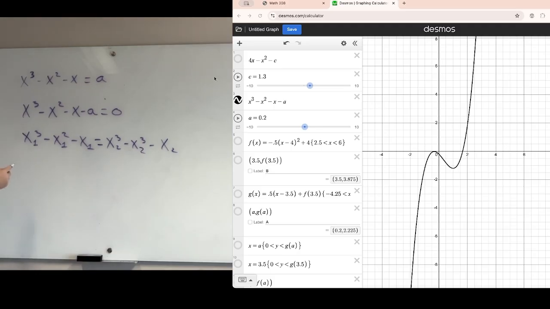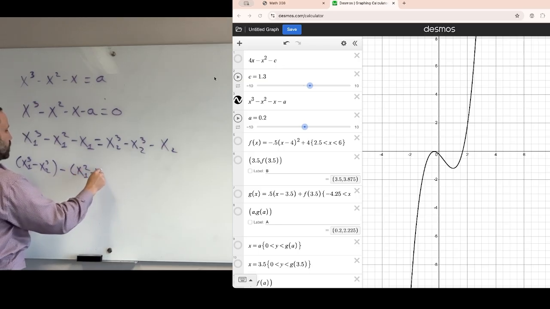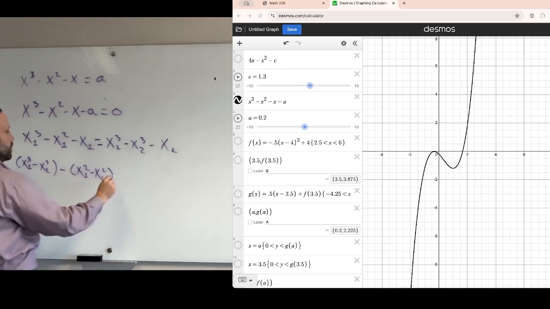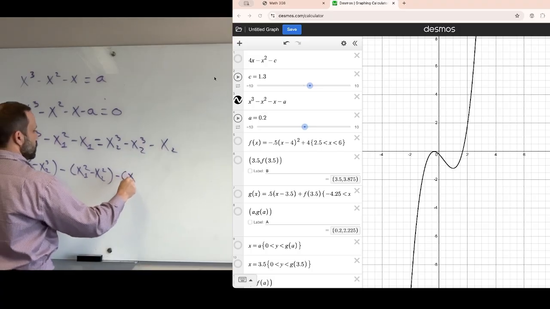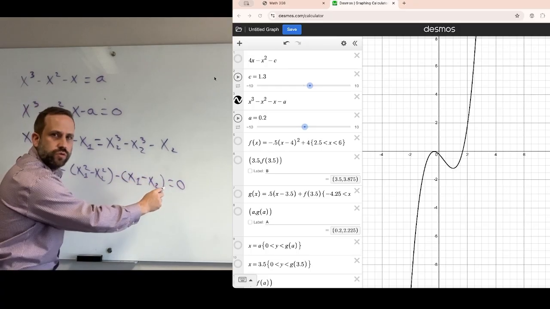All right, now if we rearrange this, what we're going to get is x1 cubed minus x2 cubed minus x1 squared minus x2 squared, and then minus x1 minus x2. This is equal to 0.